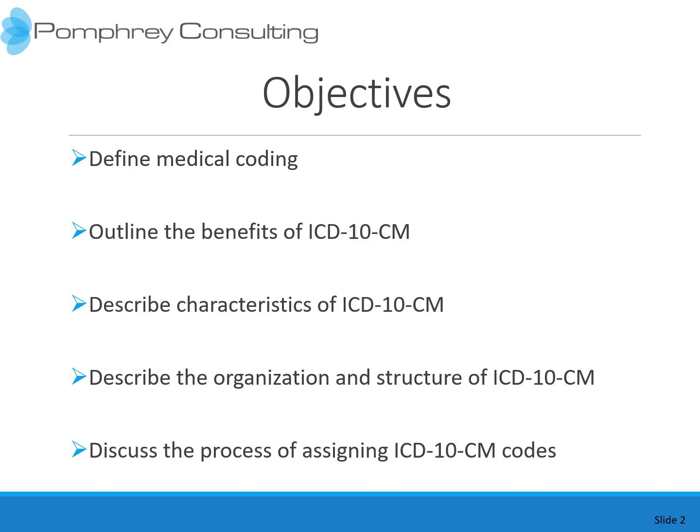We will also describe the organization and structure of ICD-10-CM. So when we're looking at the actual code book, how you should be going about the code book and understanding the different sections within the code book. And then we will discuss the process of how the code book is actually used. So how are codes being assigned?